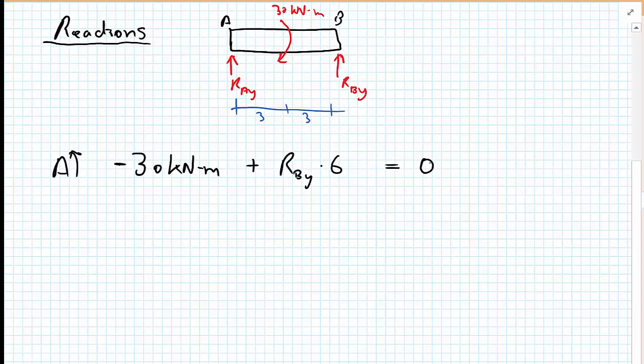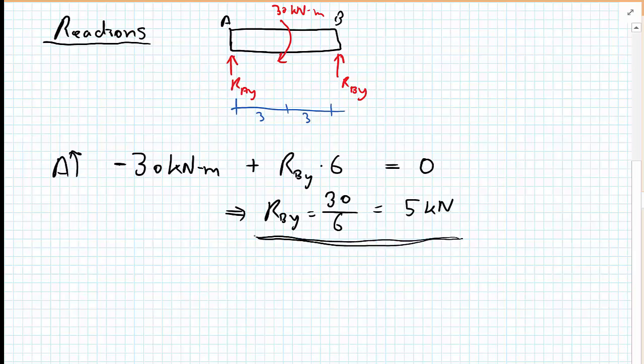For equilibrium, the sum of those moments must be equal to 0. I can rearrange this equation in terms of RBY, and you get that RBY equals the minus 30 taken to the right hand side becomes plus 30, divide by the 6, and so RBY equals 5 kilonewtons.